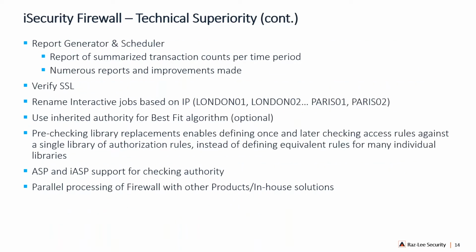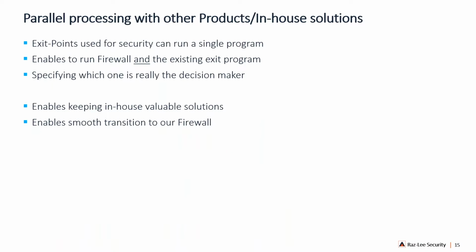I think that this is a good time for us to mention just one thing more. It's not easy to get and start running a product like Firewall, because most of us already have something in place.